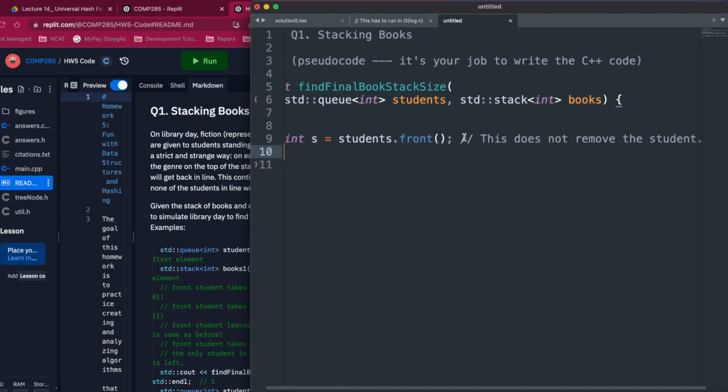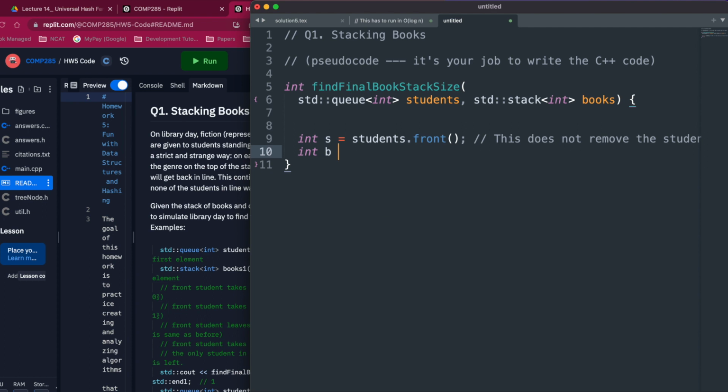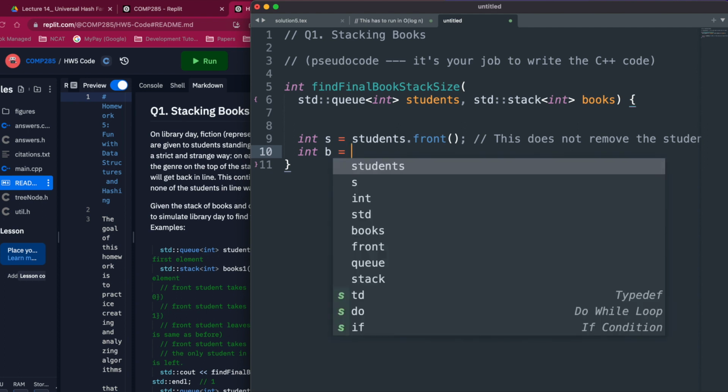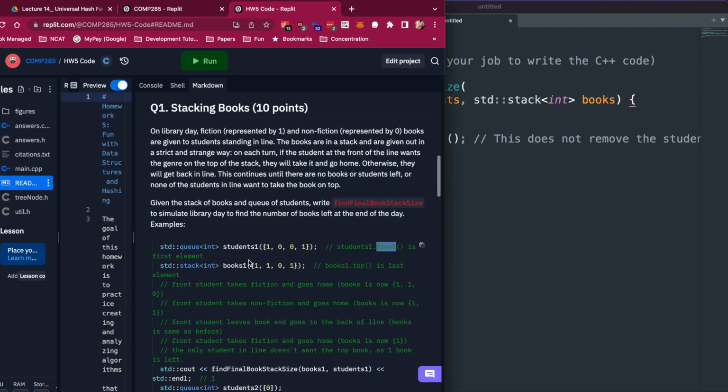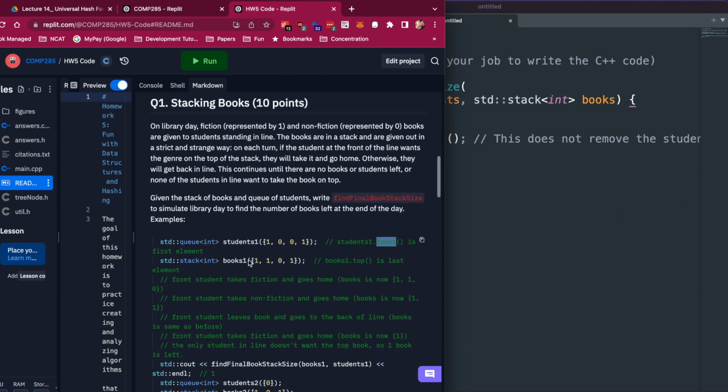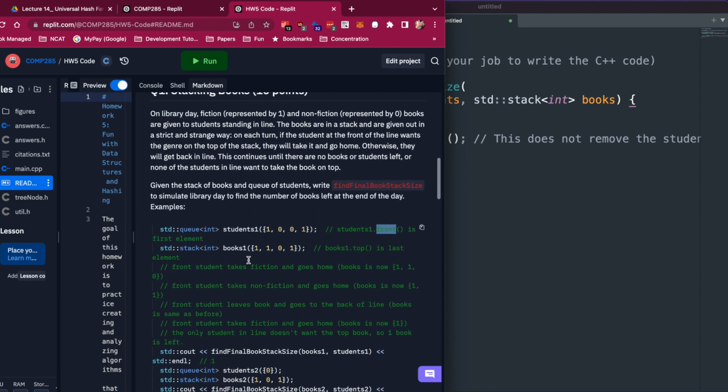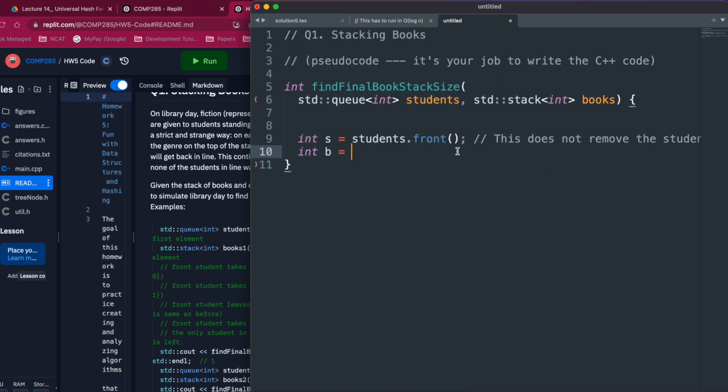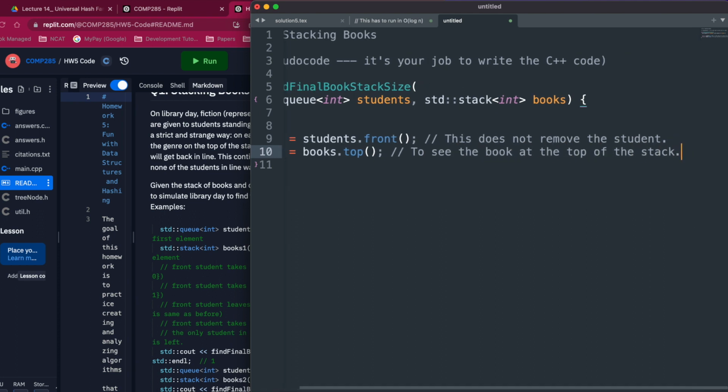Then we want to look at the book, so we have books.top. Again, this is not remove, this is to see the book at the top of the stack.